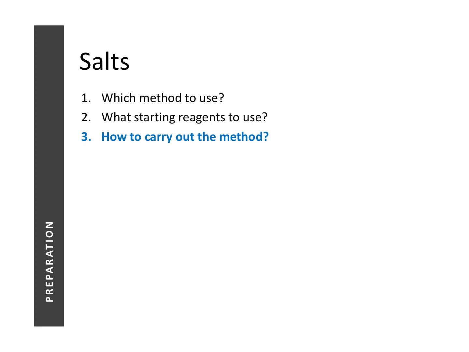At this point, we have learned the three different methods for preparing salts, which method to use for each salt, and lastly, for each method, what are the recommended starting reagents. So in the next video, we're going to look at what are the steps involved, what is the procedure for each method.